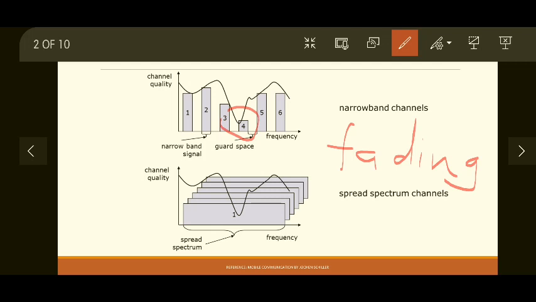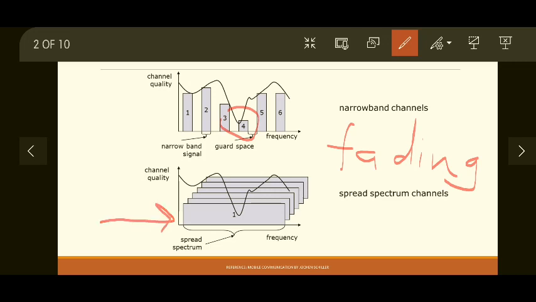That's why it is frequency selective. Now instead of transmitting these channels as they are, if we spread the spectrum, what will happen? Instead of dividing the entire spectrum into small narrowband channels, if we spread the user signal into a spread spectrum signal or larger bandwidth signal, then the entire bandwidth will be available for user transmission as shown in this second diagram.